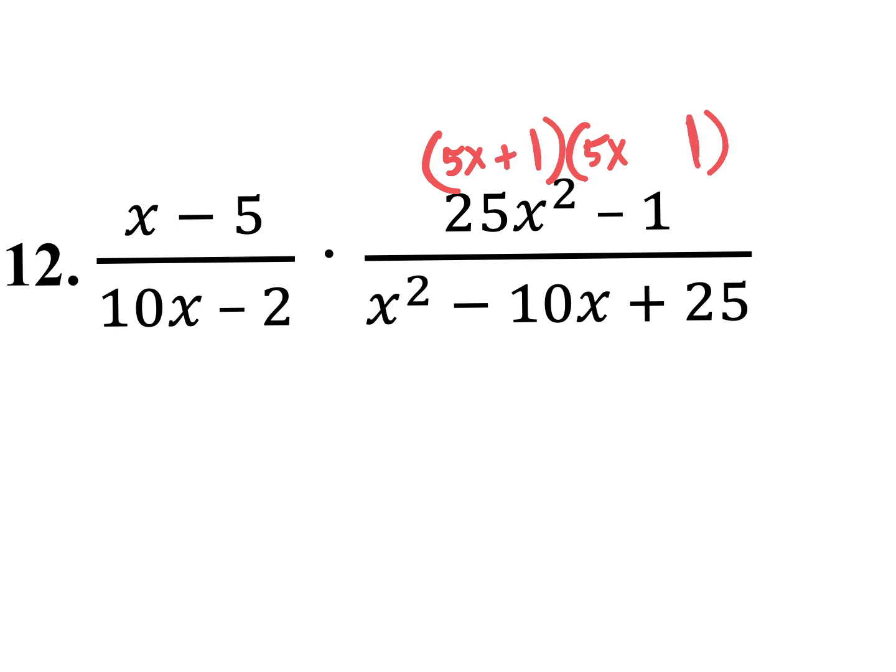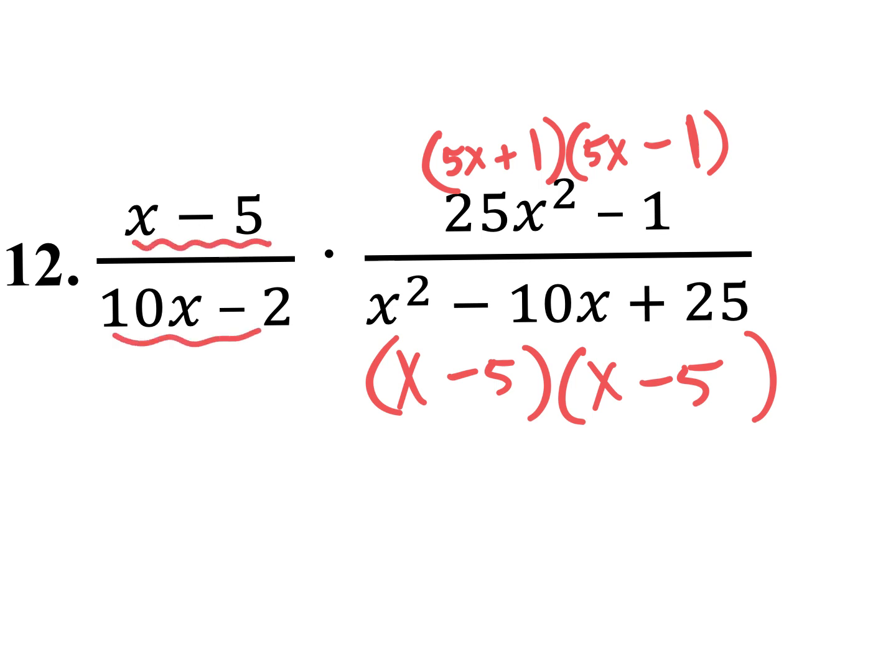And of course, 1 has to be plus, 1 has to be minus. And you go through and factor everything possible, right? Like the bottom one, what times what is 25, that if you combine together is negative 10. That'll be a negative 5 and a negative 5. This other top one, you can't factor it, but this bottom one you could. You could pull out a 2, and you'll have a 5x minus 1. So we have factored everything possible.